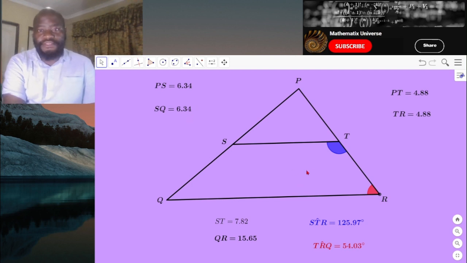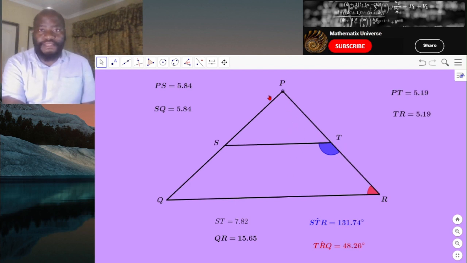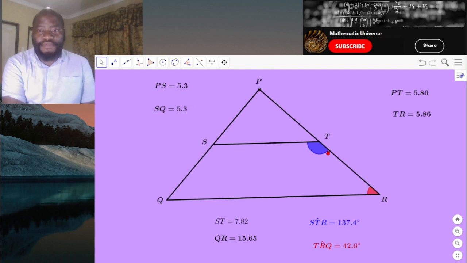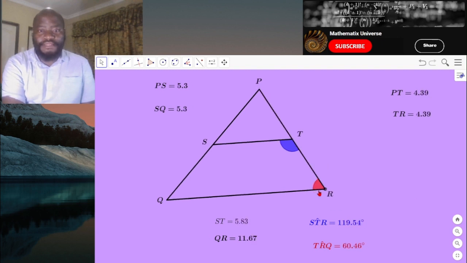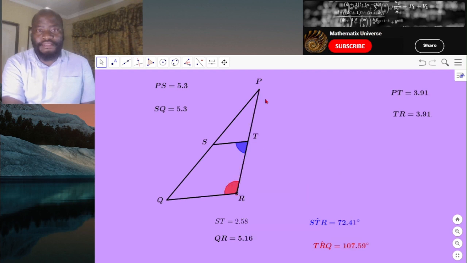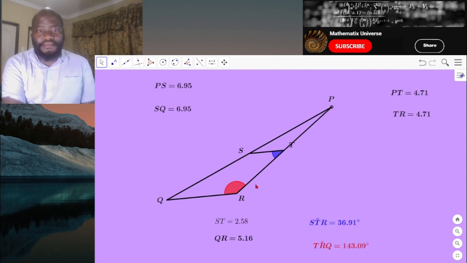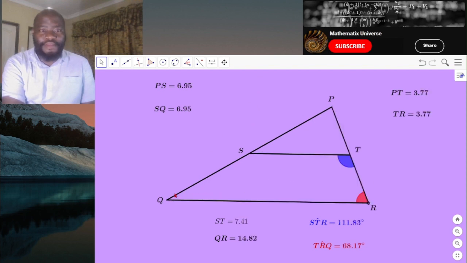Now again, GeoGebra lets me play around with this diagram, and I can move the points around, and the values will move along with the points. So this is just to show you that this diagram can be in any shape, and the theorem still holds.